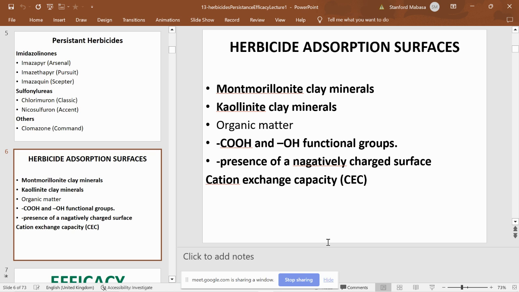Organic matter can also attract these herbicides because of the presence of COOH and OH functional groups on the organic matter.